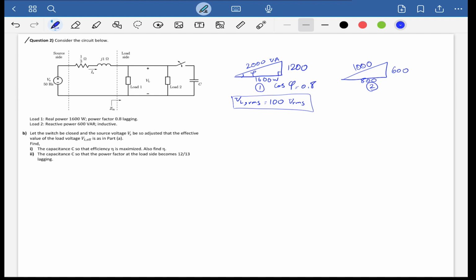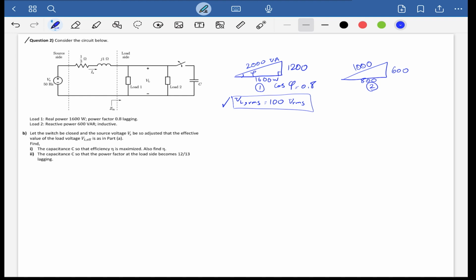Okay, now for the second part B, we are closing the switch, and with this event we are adjusting the source Vs so that the effective value for the V load VL will be the same like in part A. So I wrote it down here, what we found in part A. And then the question asks about the capacitance C in different cases.